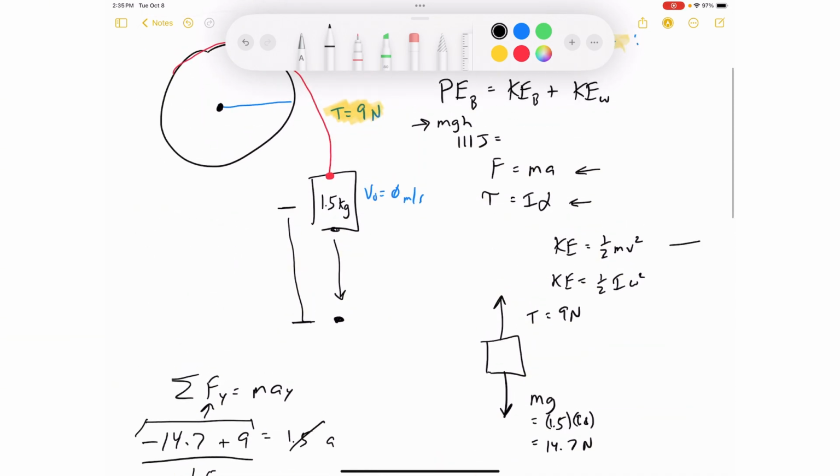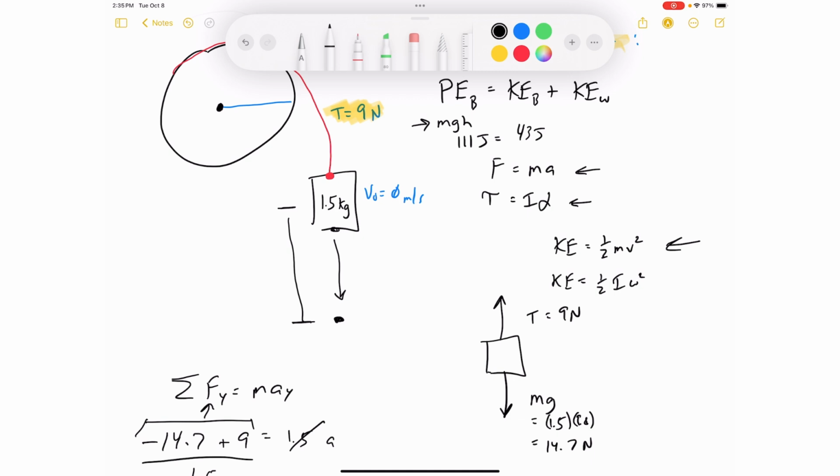So if I do 1/2 times the mass, 1.5, times 7.6 squared, you end up with 43 joules. That's the kinetic energy of the block.